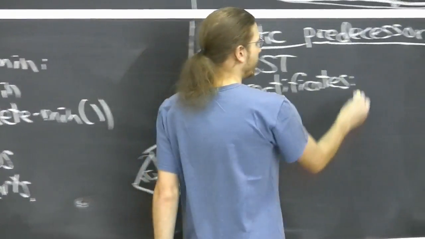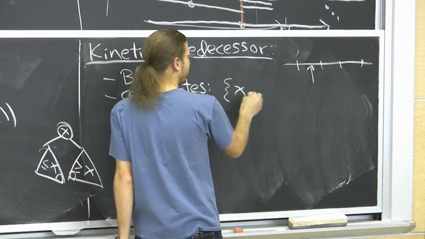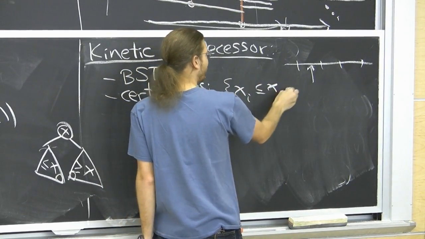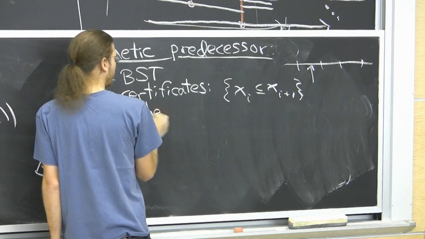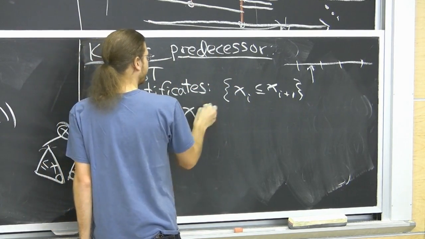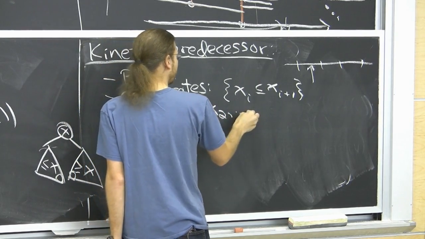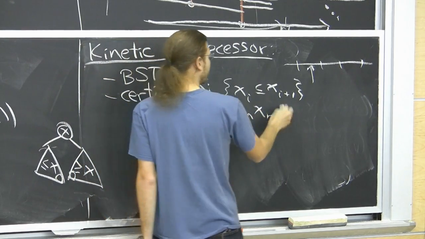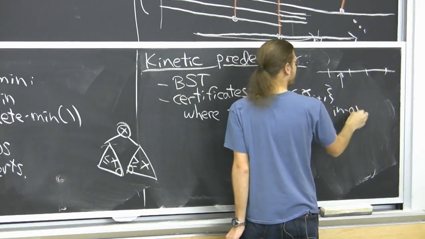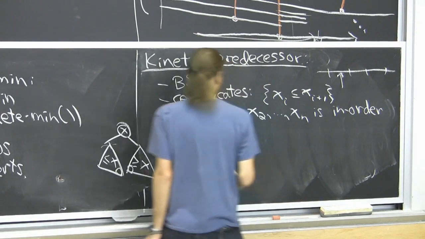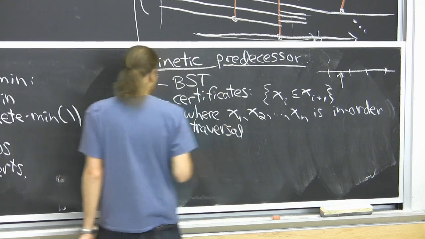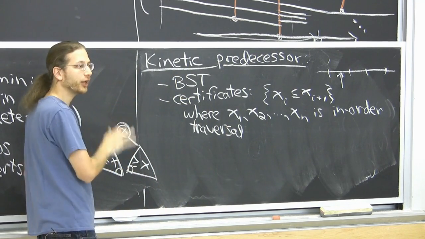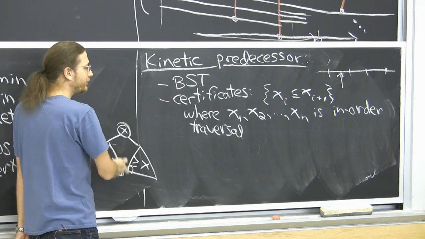In general, if I look at the data in sorted order, it has to stay in sorted order. This is an in-order traversal. An in-order traversal is something we can understand without knowing what the data is, because remember, data is constantly changing. We can't really use the keys here.